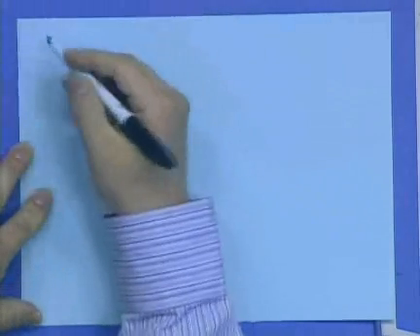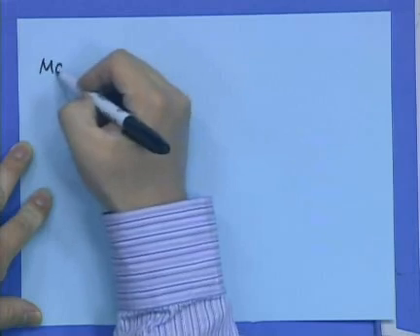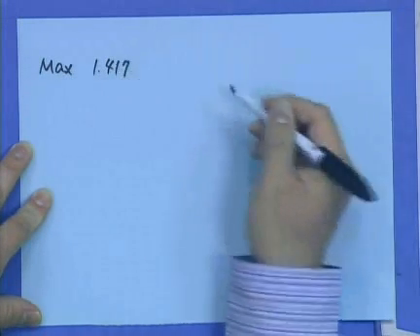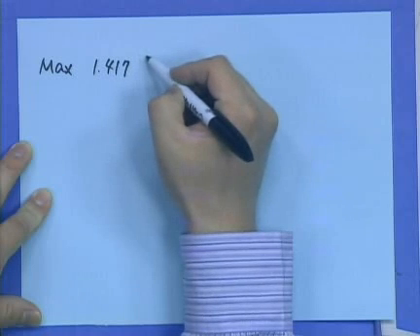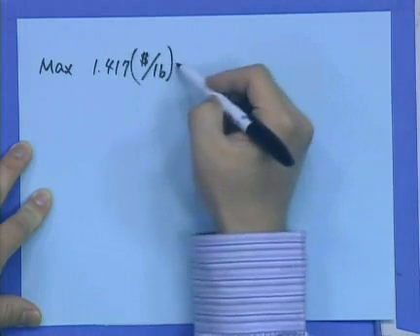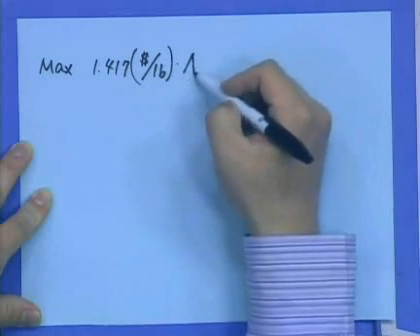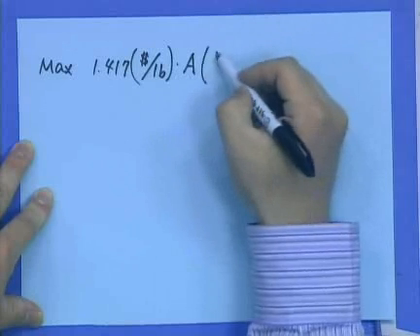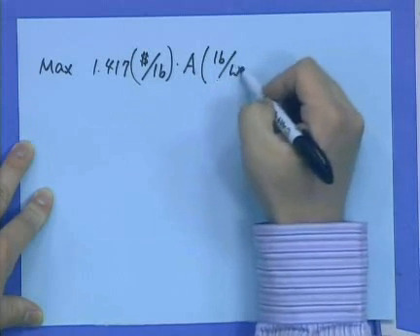And our objective function becomes maximize 1.417, that is the dollar per pound, times the decision variable A. The unit is pound per week.